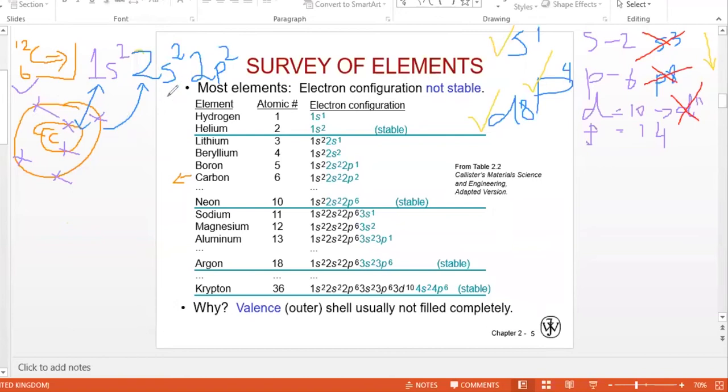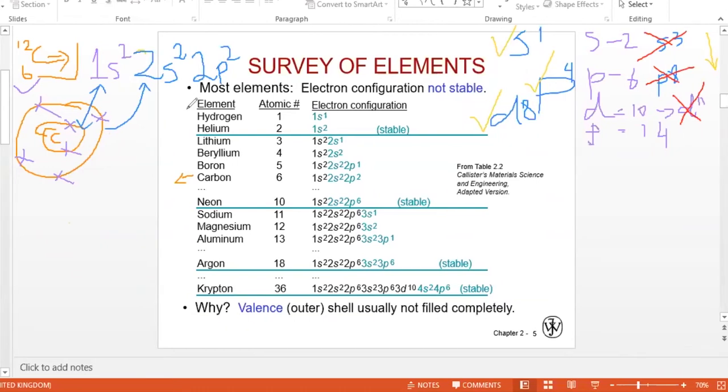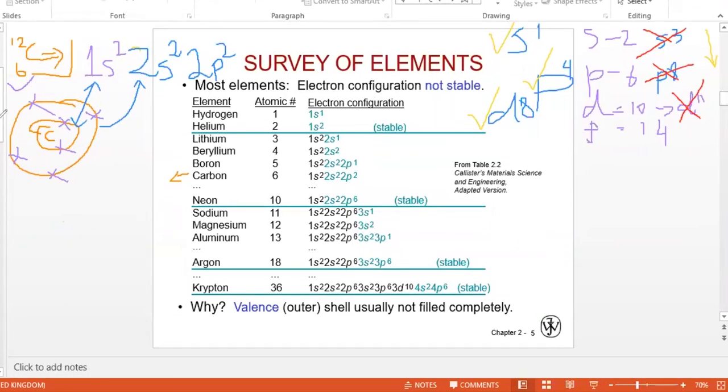If s is finished but we still have 2 electrons, then we go for p. In each new orbit we should start with s. If it is the first orbit, we start with 1s. If it is the second orbit, we start with 2s. In the third orbit, we start with 3s. Only once the s orbital is finished can we go further.